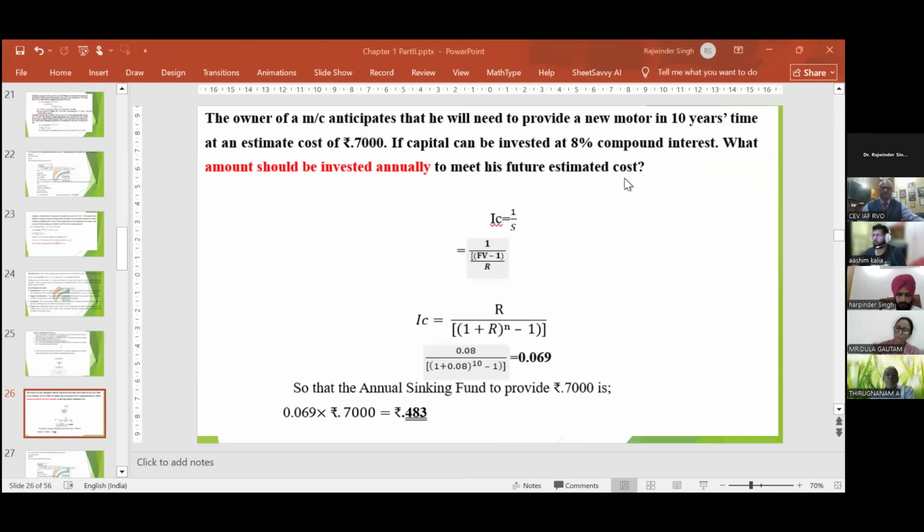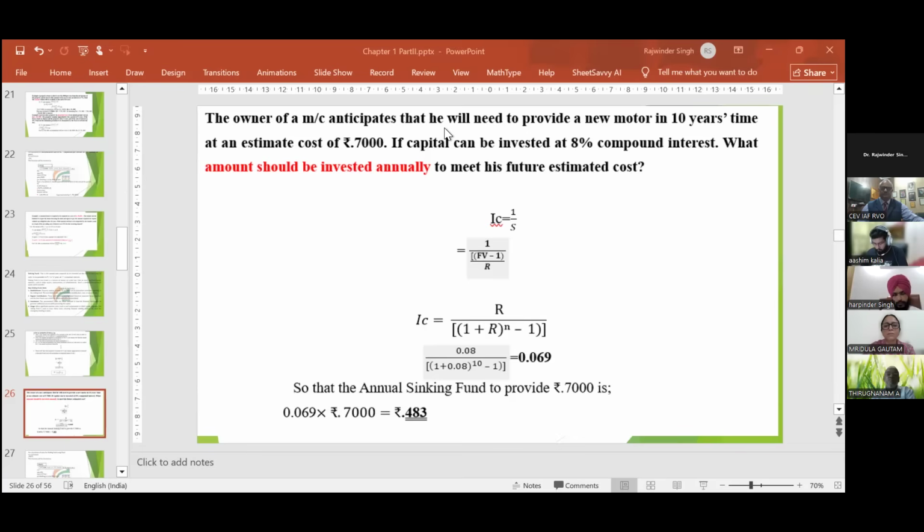You see here what you have to find out. The owner knows that after 10 years he will have to replace the motor of the machine, and he needs 7,000 for replacing it. Then how much amount should he deposit in the bank every year so that he is able to get that amount from the bank?